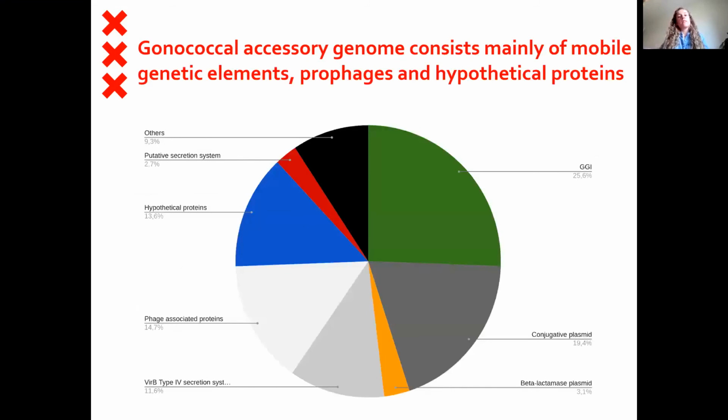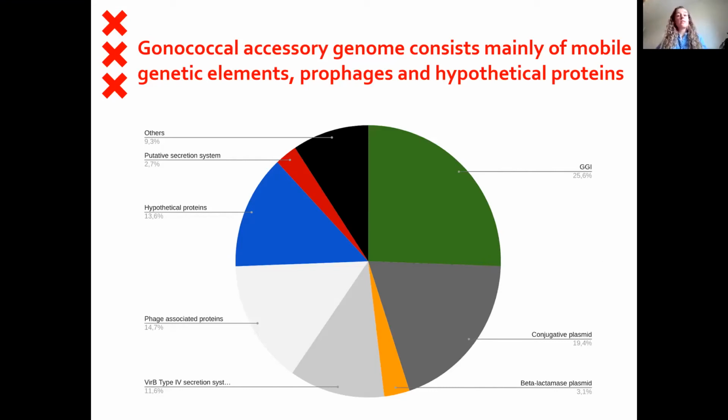So after identifying all the genes in the accessory genome, I wanted to functionally annotate the genes and see what the accessory genome consisted of. So what was interesting to see is that almost half of the accessory genome consisted of already known mobile genetic elements, such as the GGI and the plasmids.